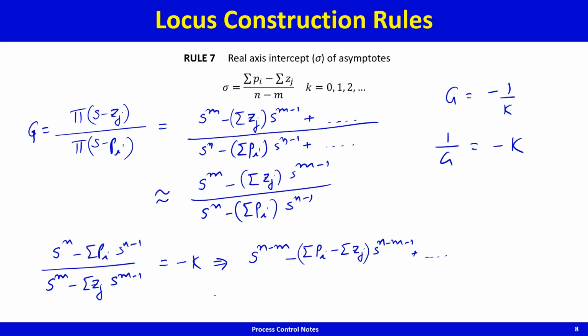So what I get approximately is S to the power n minus m minus summation Pi minus summation Zj into S to the power n minus m minus 1 is equal to minus k. That's what we get approximately.